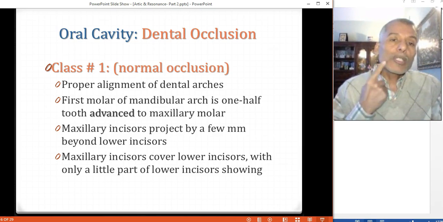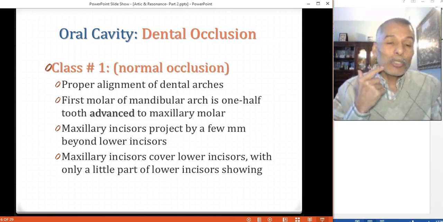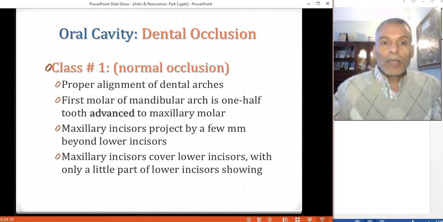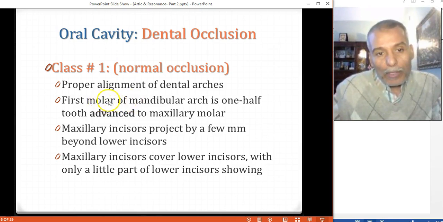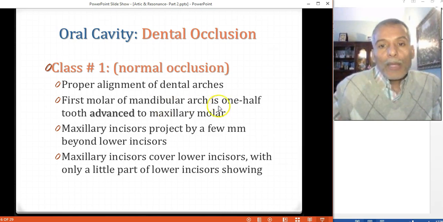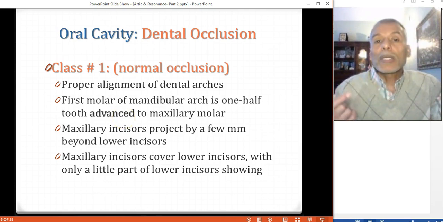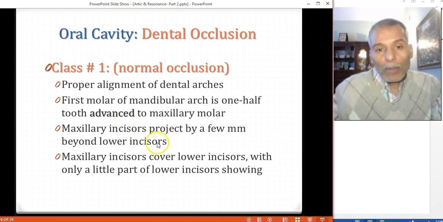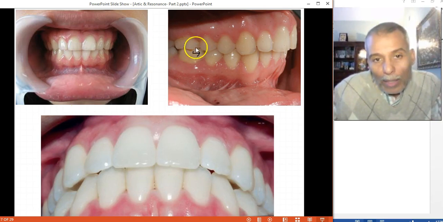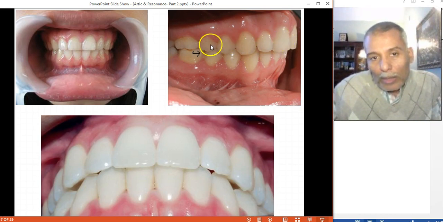So to start to identify, you go with the mandibular teeth, and you look for the molars. So the first molar here, first mandibular molar, is 1/2 tooth advanced going forward to the maxillary molar. Let's look. So here in this image, you can go back. Let's label them.